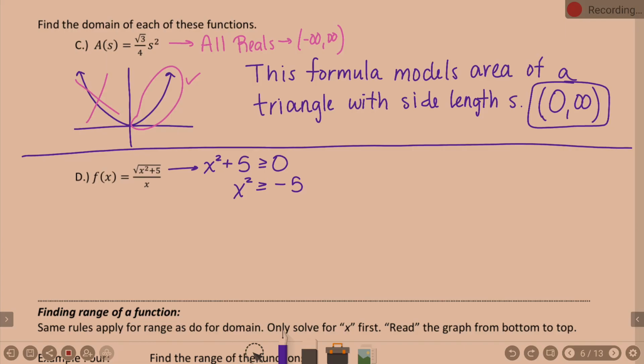Think logically. x squared, I don't care what value x is, you're always going to get a positive. When I add 5 to it, I'm going to get a bigger positive. Could x squared plus 5 ever be negative?